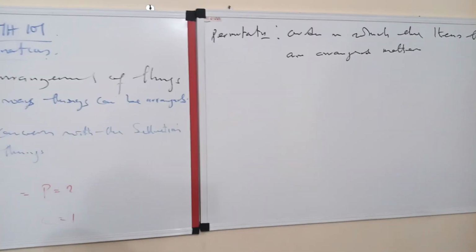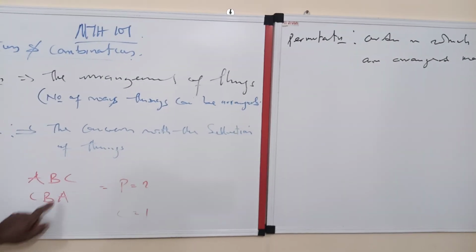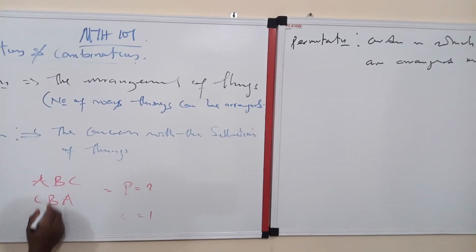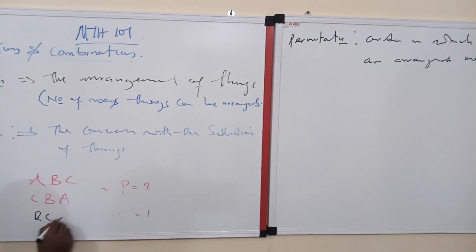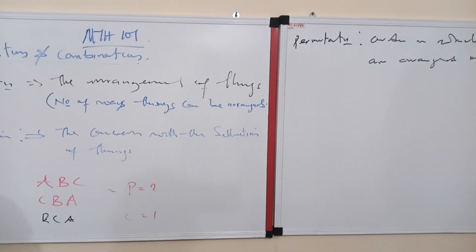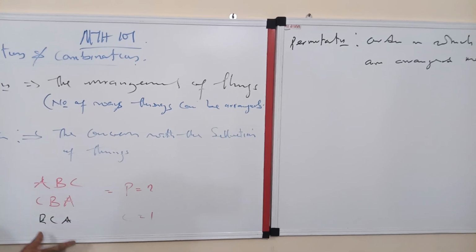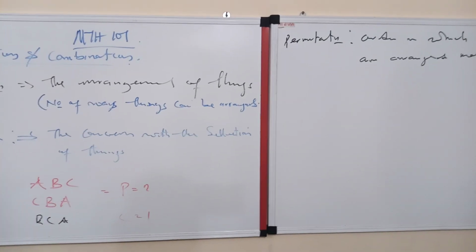Whereas for combination, irrespective of how you place them, even if it's B, C, A, it's still the same thing because it's a collection of just the set of items.